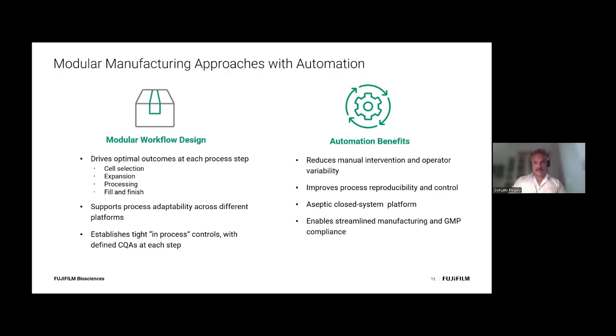And understand from the automation landscape, from the providers of automation, what is the best piece of equipment that will enable my teams and me to reach the best outcome and hit my critical quality attributes at a particular process step, right? And indeed, those in-process controls and the type of data that these systems generate are going to be invaluable tools to keep the process under control, right?